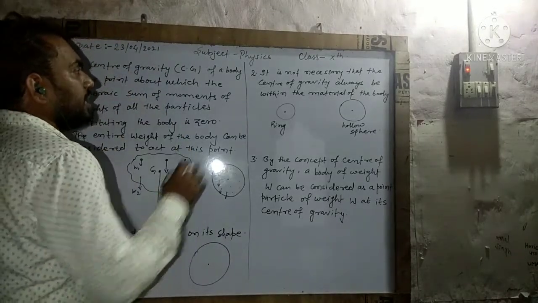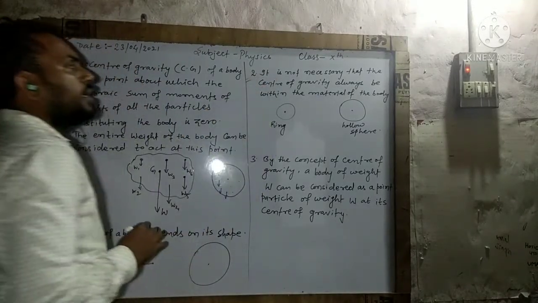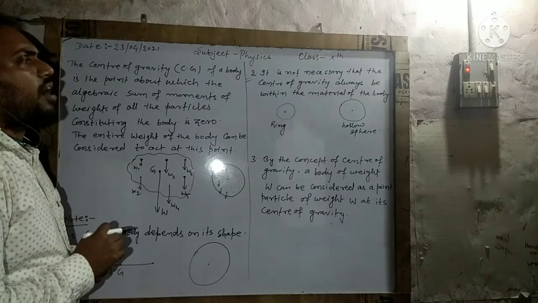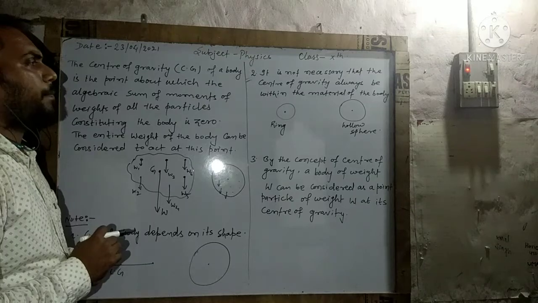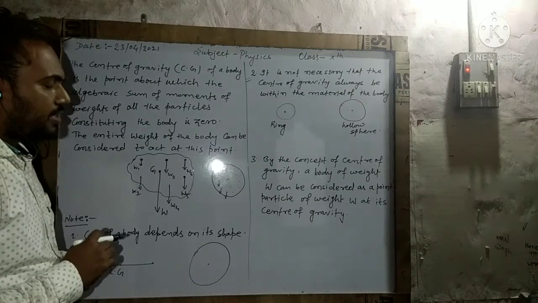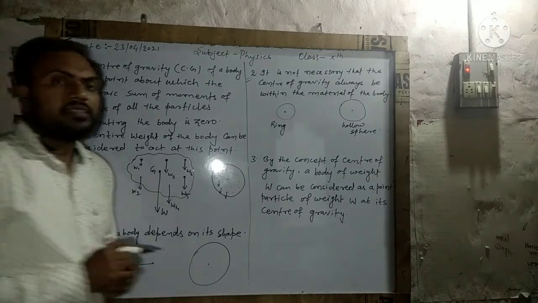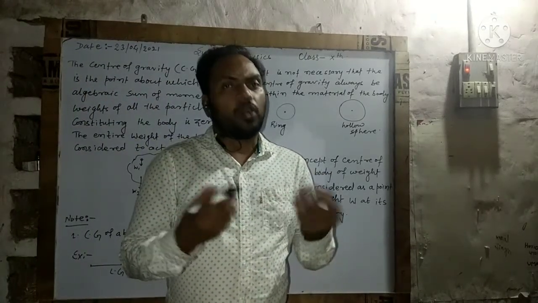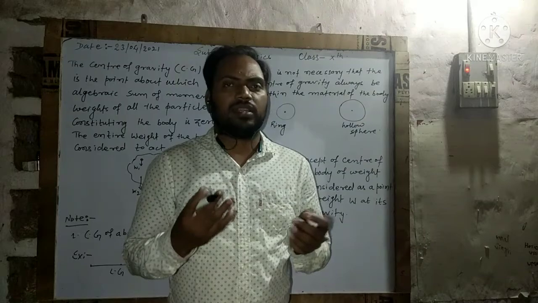Now, the next point is that it is not necessary for the center of gravity to always be within the material of the body. If I say the center of gravity will always be within the body, it is not necessary.